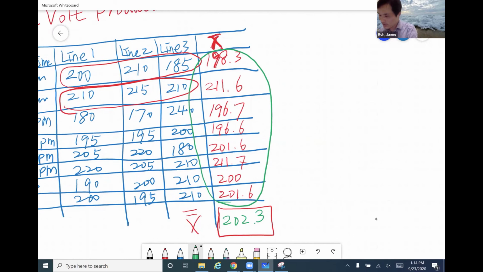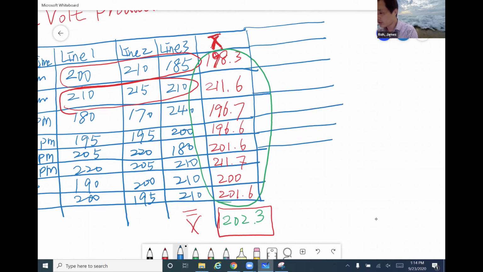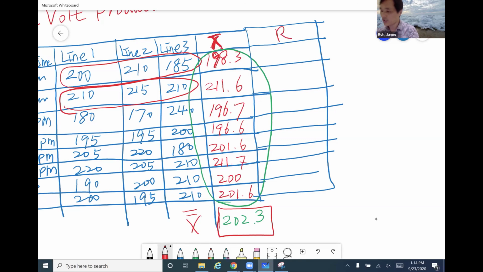And then the next thing that we want to do is we want to find the R and R bar. And this is going to be R. R is range, and range is max minus minimum, right? That's easy. So if we calculate that, it's going to be 210 minus 185, and that's 25, right?